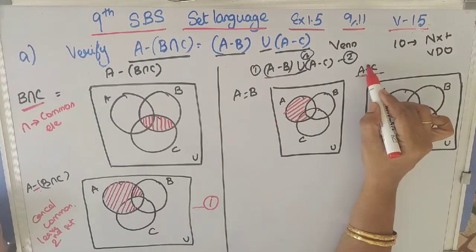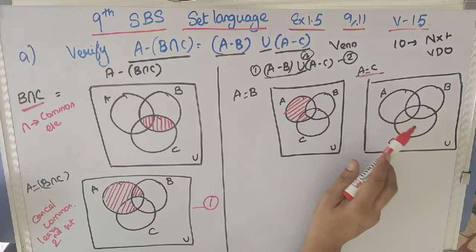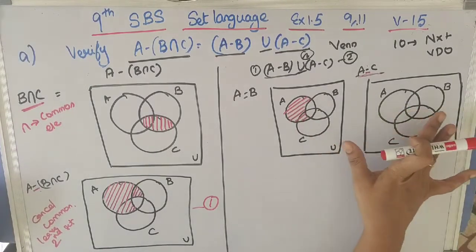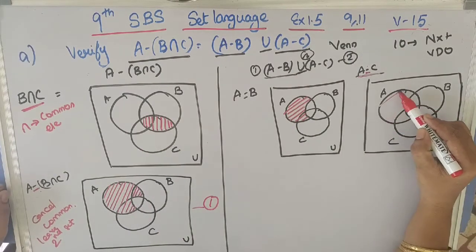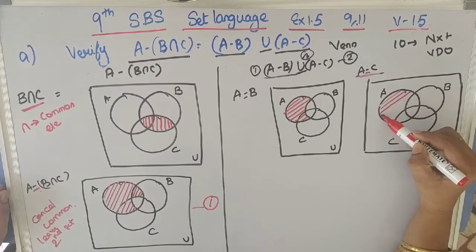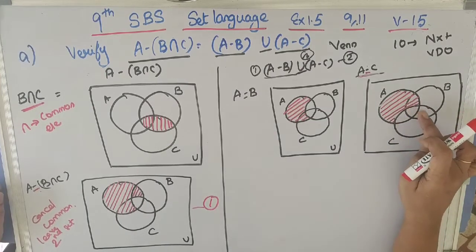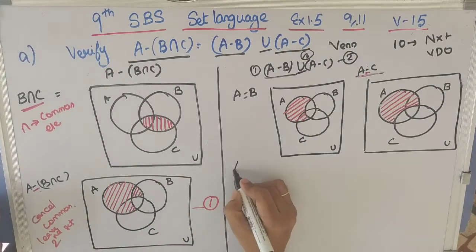We have to cancel the common elements between A and C, leave the second set C completely and shade the remaining elements of the set A. The intersection part between A and C are the common elements. We have to eliminate that and the C set completely and shade the remaining A part. I have eliminated the A intersection C part and the C part completely and shaded the remaining A part.